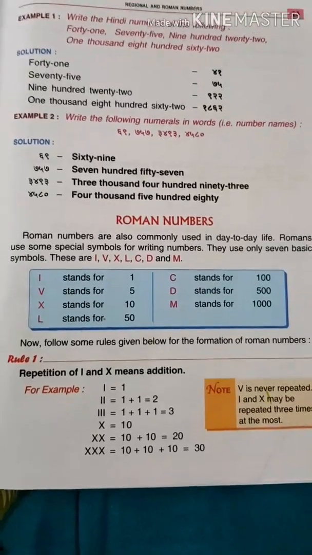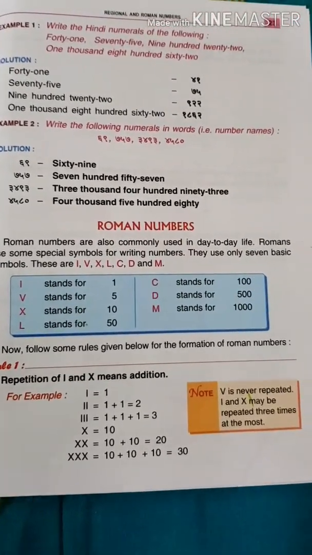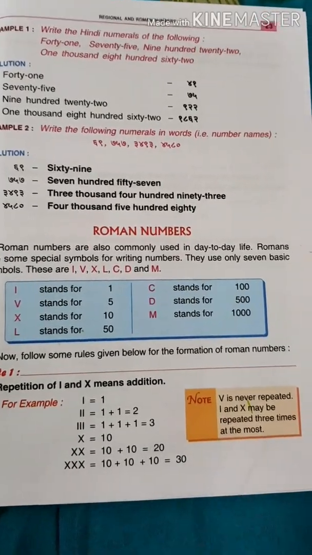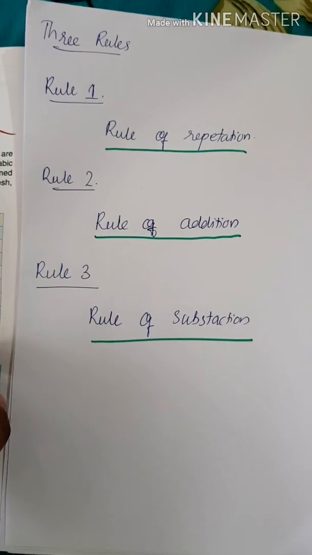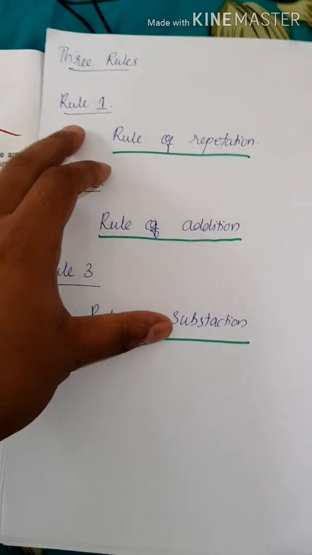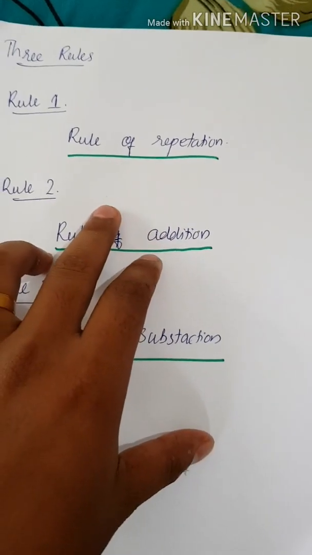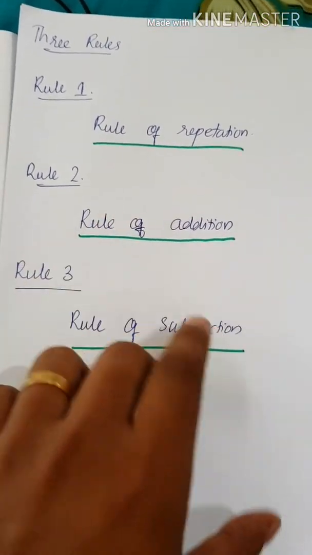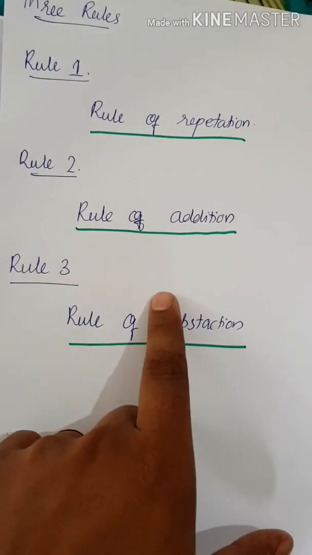And students, in Roman numbers, we need to remember 3 rules for writing Roman numbers. Students, these are the 3 rules. Rule 1, rule of repetition. Rule 2, rule of addition.